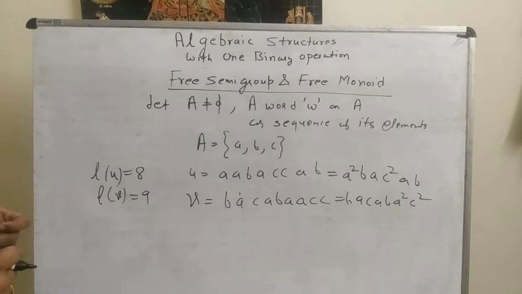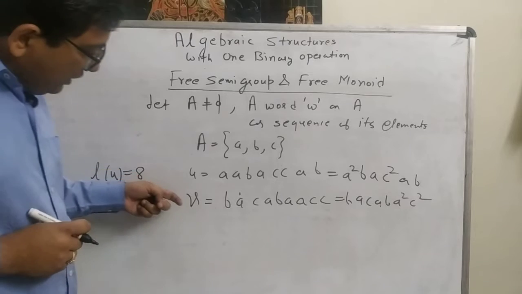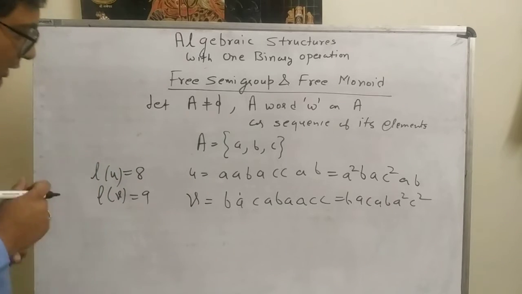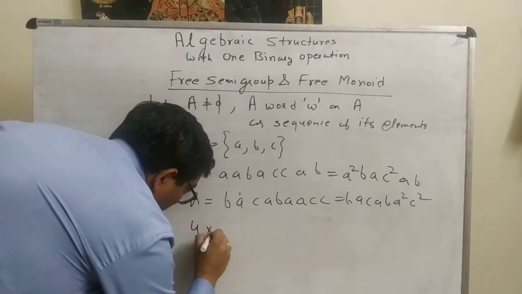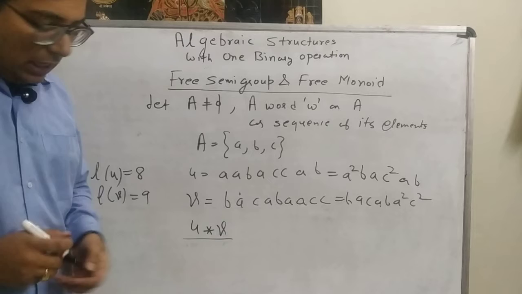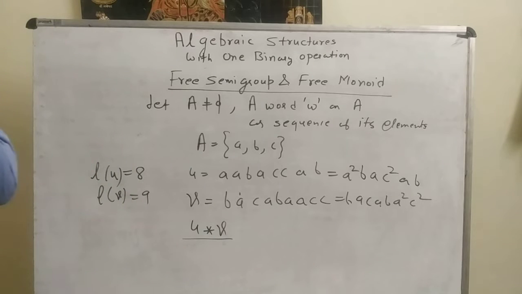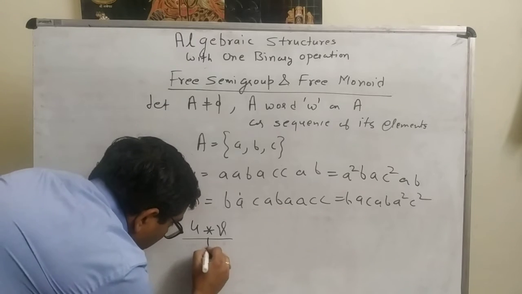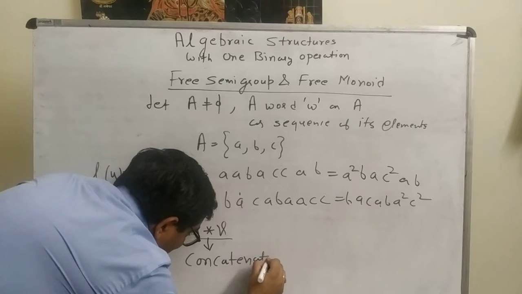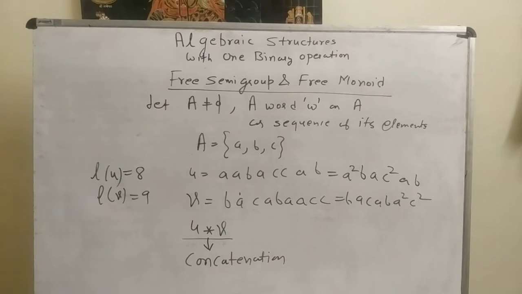Now let us define an operator which can be applied on these words. That operator is denoted by star, and it is named concatenation. What concatenation does is combine the two words.